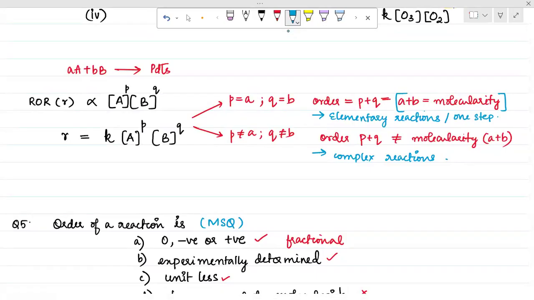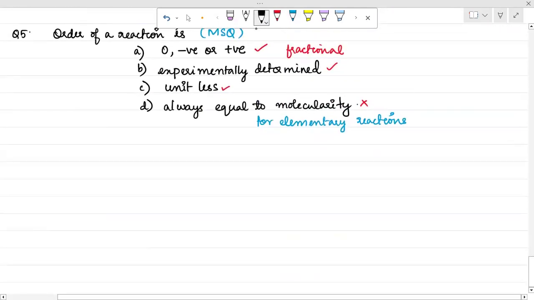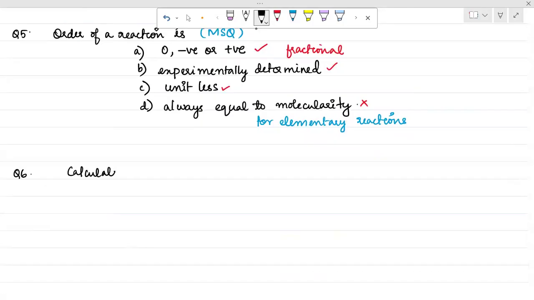All right. Note down a question. Question number 6. Calculate the order for a reaction 2A plus B gives C. Try it on your own. So the reaction is given.